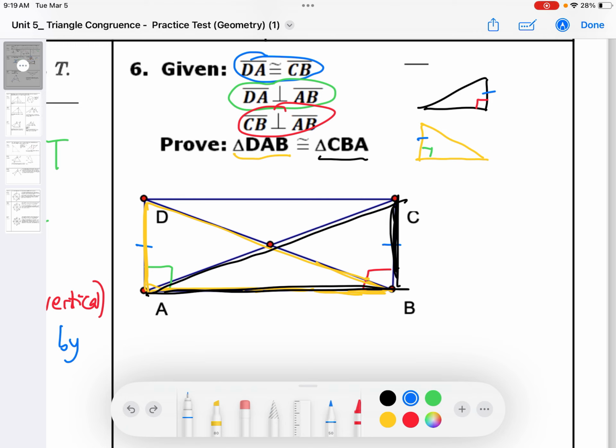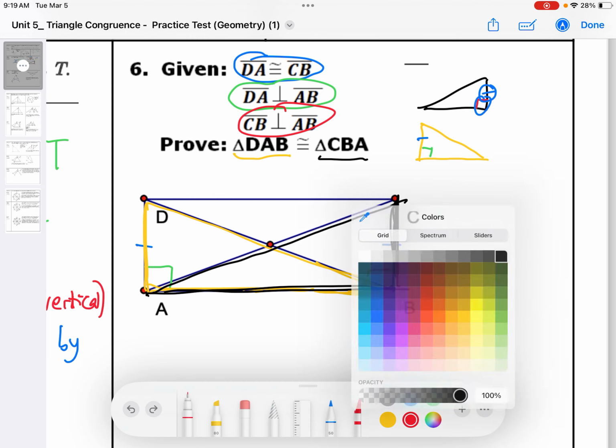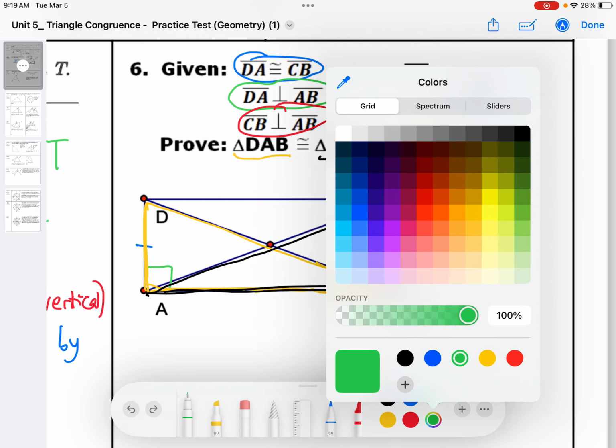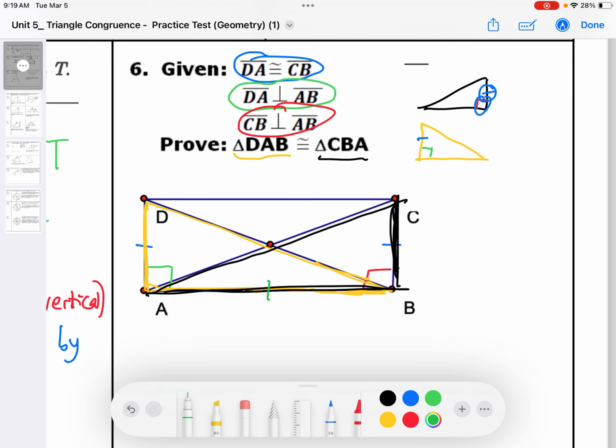So for side, angle, side to work, we would need side, angle. We would need this side to be congruent to this side. But in fact, it is, because look at these bottom parts. They are congruent because at the bottom, they're both AB. So I can even put an extra marking on here in green for this side is congruent to itself.